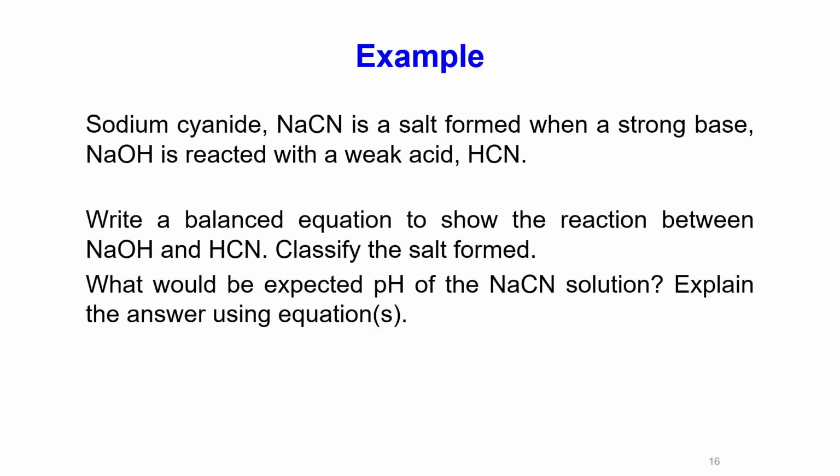Okay, another example. We have sodium cyanide, NaCN, a salt formed from a strong base reacting with a weak acid, HCN. Write a balanced equation to show the reaction between NaOH and HCN. Classify the salt formed. What would be the expected pH of the NaCN solution? Explain using equations.